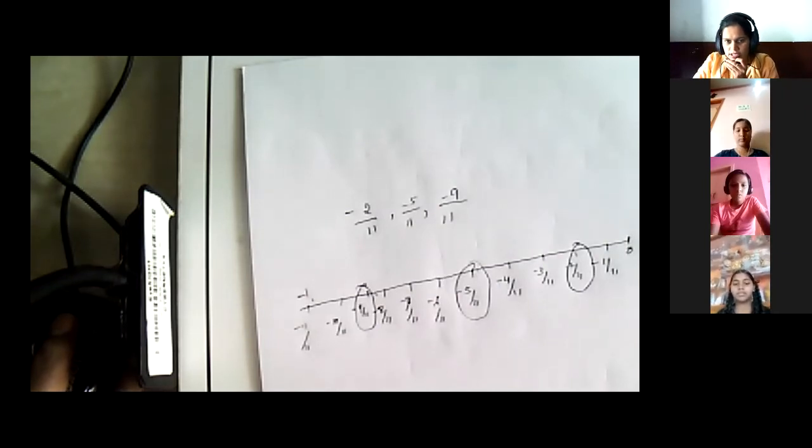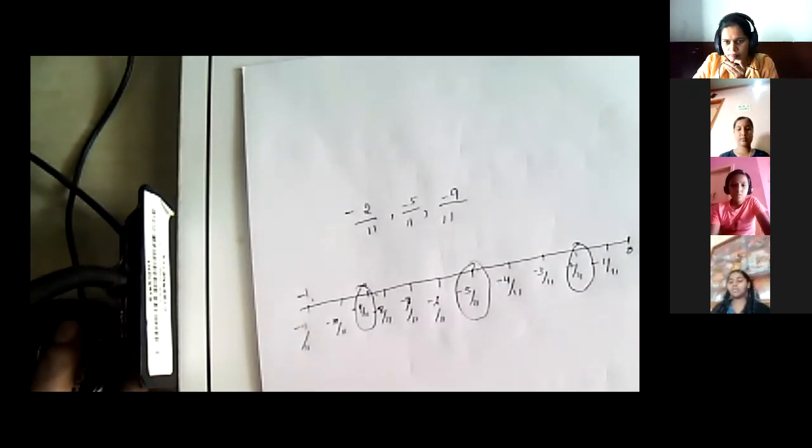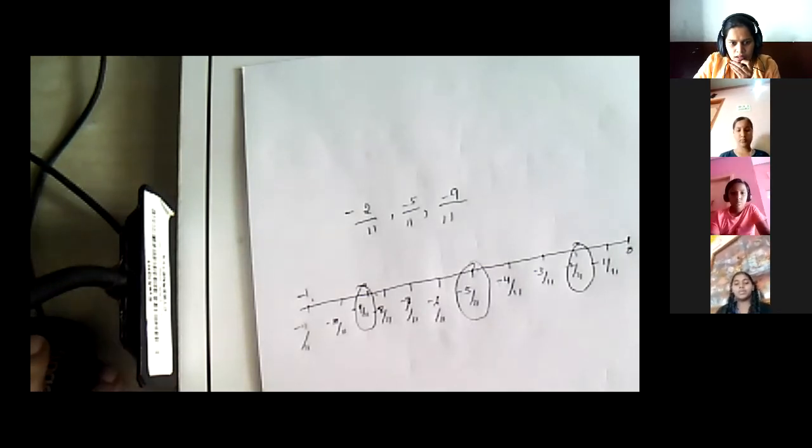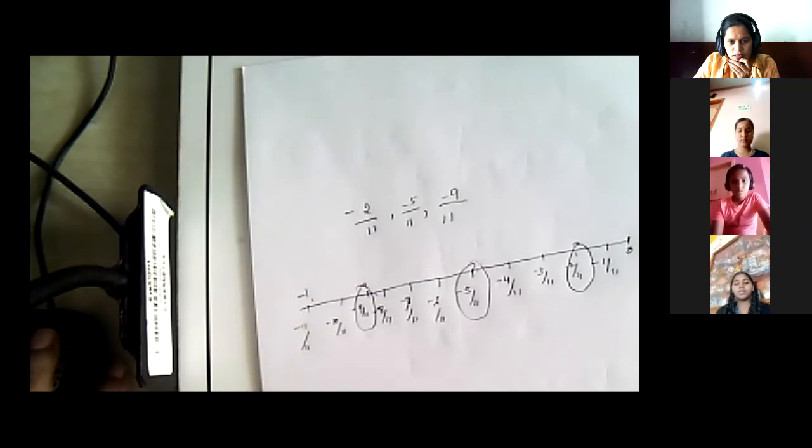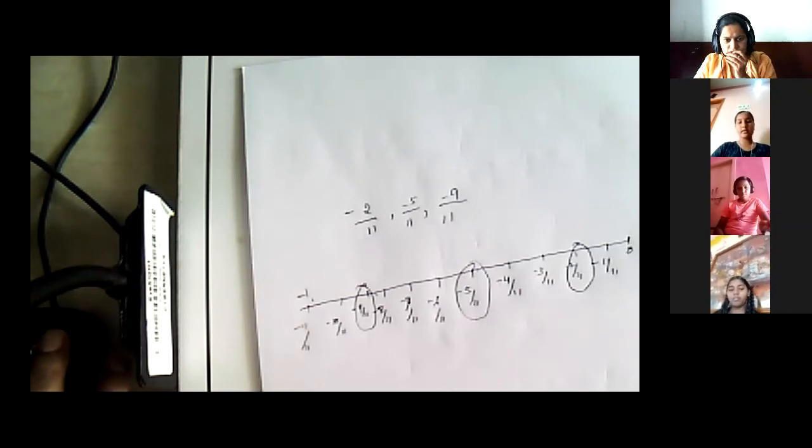That is Shraddha's. Let me check what's the doubt. Exercise 1.1, second question.